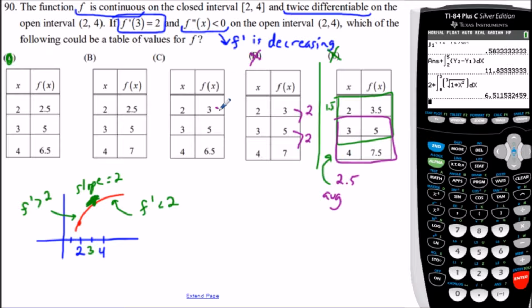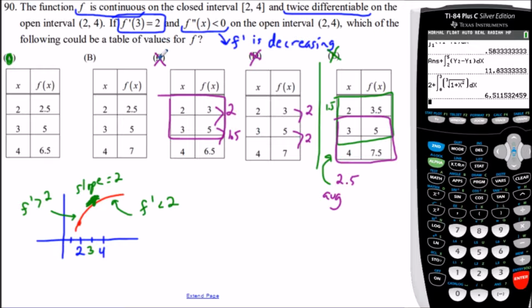And if we look at this one here, the average slope is 2, and here the average slope is 1.5. Now this part is fine. We said that the slope should be less than 2 after x equals 3, but this one is no good. If the average rate of change of f of x from x equals 2 to x equals 3 is 2, and the slope is always decreasing, there's no way that we could have a slope exactly equal to 2 at x equals 3.